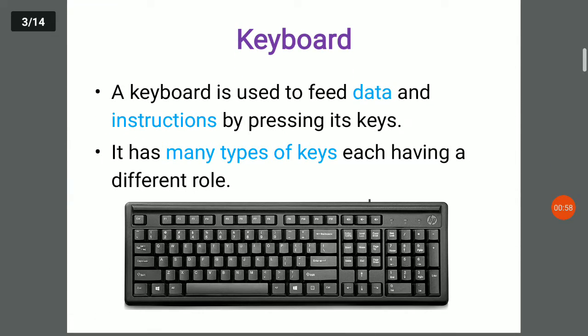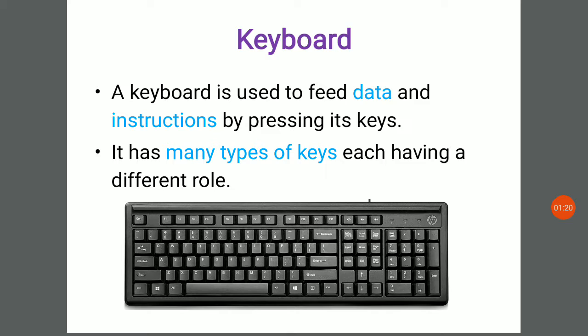Now we are going to learn examples of input devices. The first example of input devices is keyboard. We all have seen keyboard. A keyboard is used to feed data and instruction by pressing its keys. It has many types of keys, each having a different role.